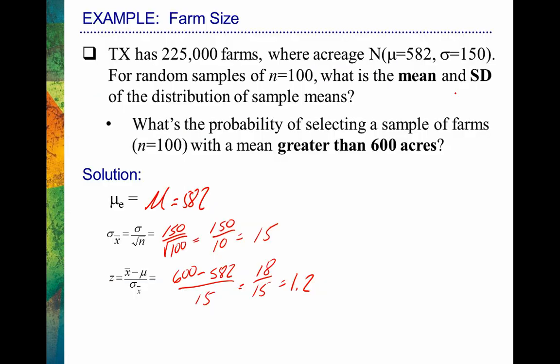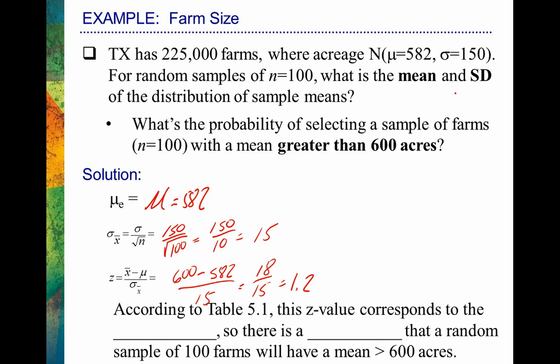So heading back here, as we interpret our results, we can see that according to the table, the Z value corresponds to the 88th percentile. So we're trying to figure out here what's the probability of finding a sample of 100 farms with a mean acreage greater than 600.